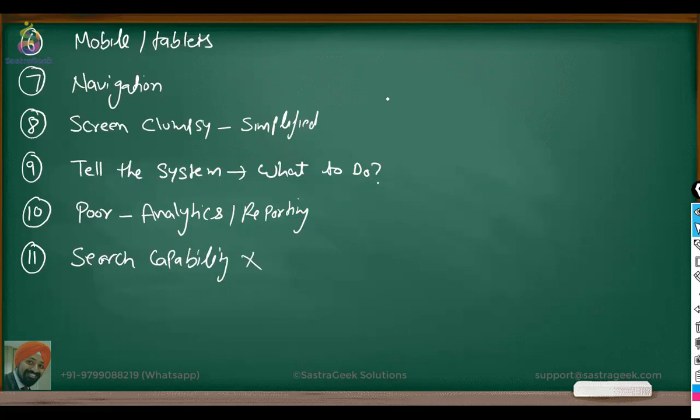We go to Google and do a search. That is the first thing we do, right? The same kind of search capabilities are not available in our existing interfaces, but those search functionalities would be available in Fiori.